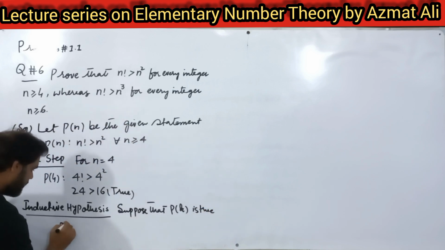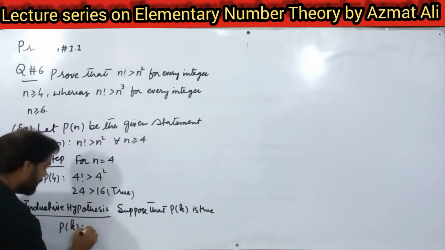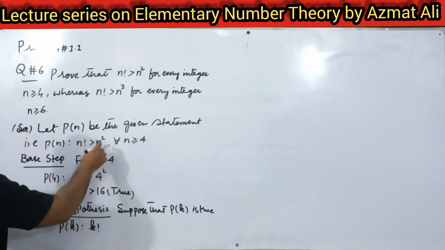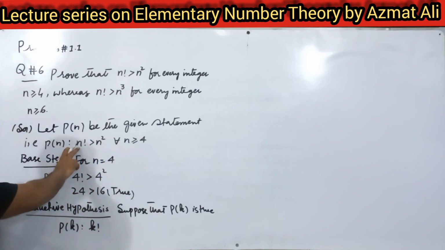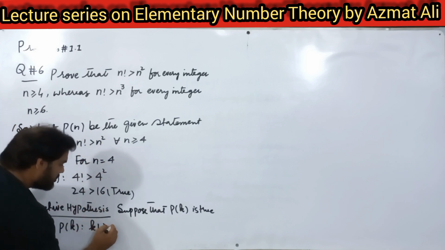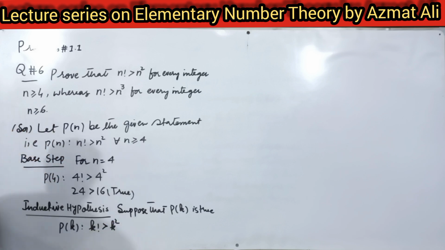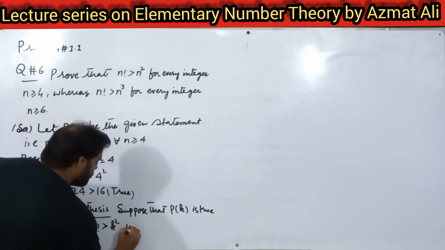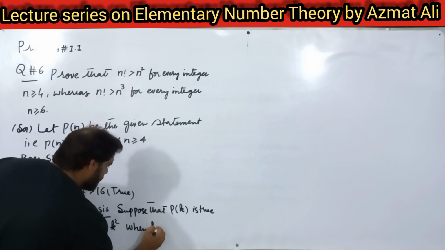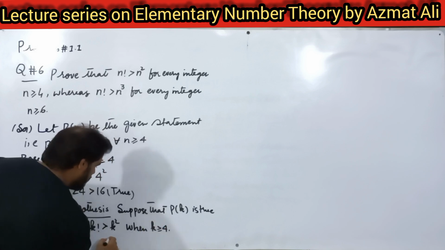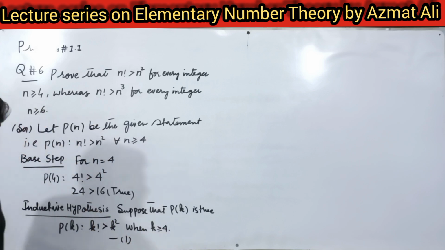In other words, you can write it as Pk such that k factorial, by just replacing here n is equal to k, k factorial is greater than k square. This is our assumption when k is greater than or equal to 4. We say this is our inequality number 1.